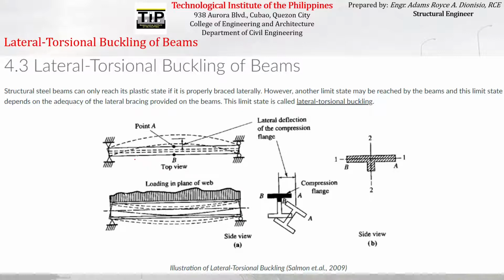So for the case of yielding, again, we can just reach that point in the life of a steel beam if it will be adequately braced laterally, meaning it will not have a tendency to deflect laterally, especially if it will be accompanied by what we call torsional buckling.